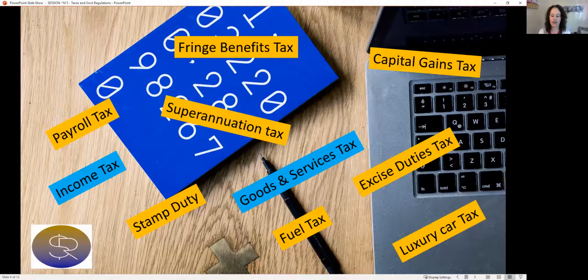That includes the 3 major state taxes of stamp duty, payroll tax and land tax, but those are a talk for another time. Today I'm going to cover the 2 major taxes that may affect you in your business, namely GST and income tax.